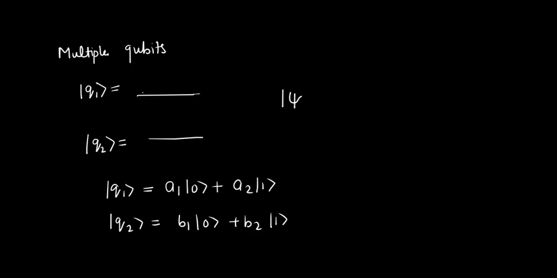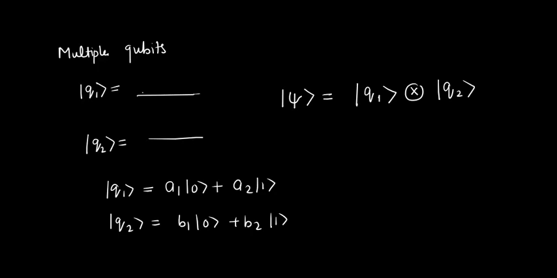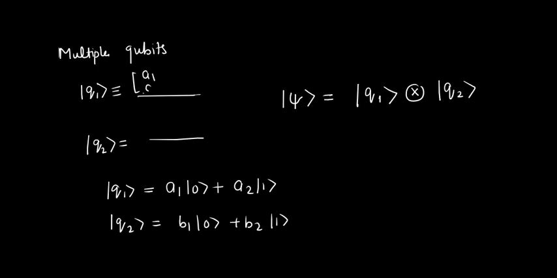We see that the composite state is the tensor of the Q1 and Q2 states. So what is this tensor? It would be easier to understand the tensor if we write A1 and A2 like this. I told you that we can also represent our qubit in vector notation like this.